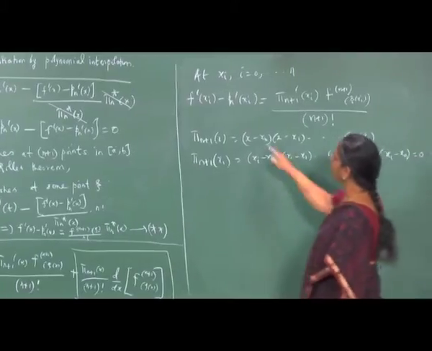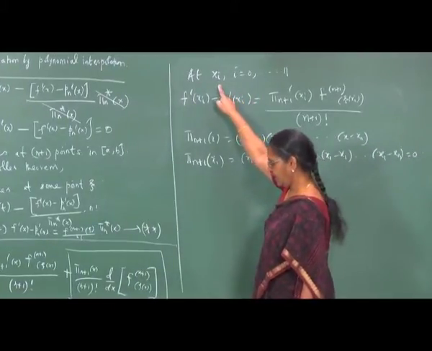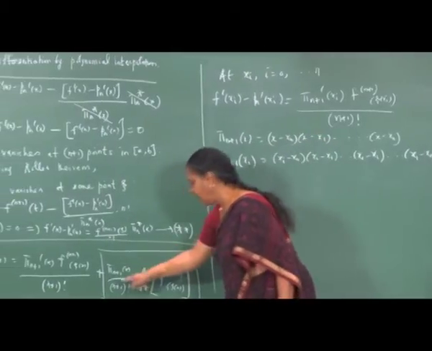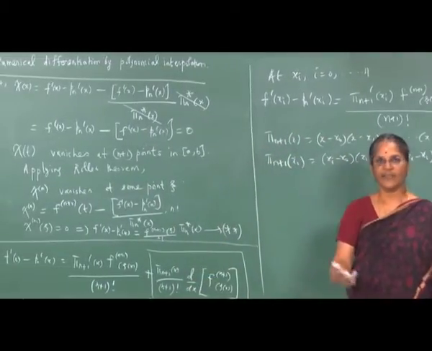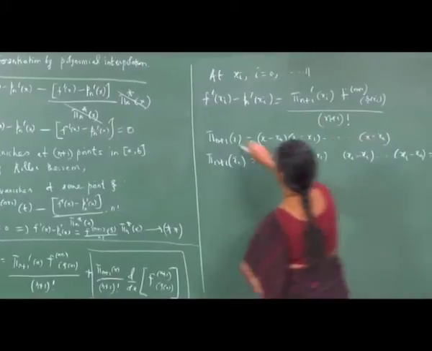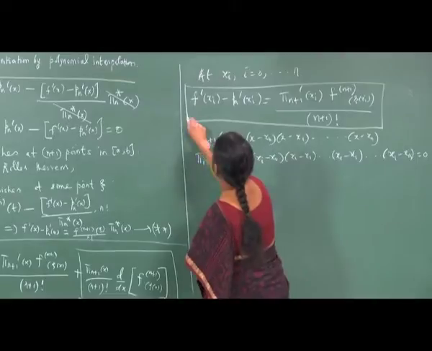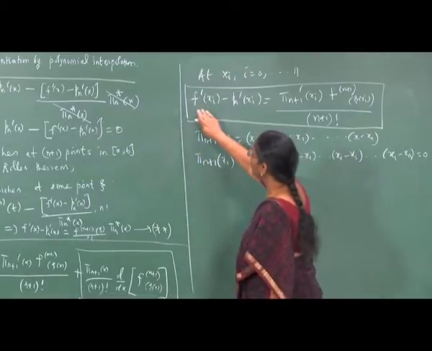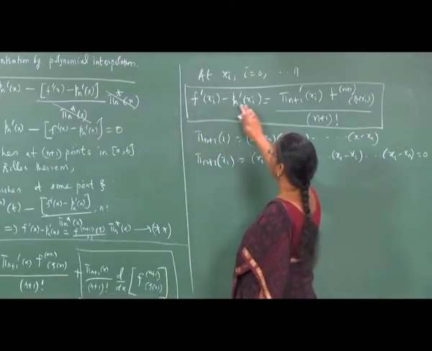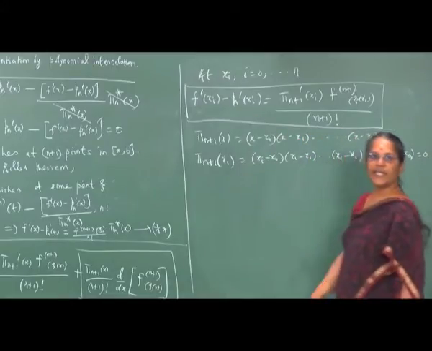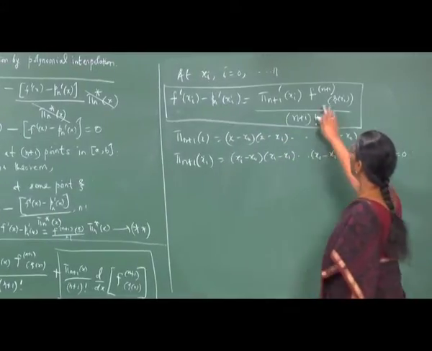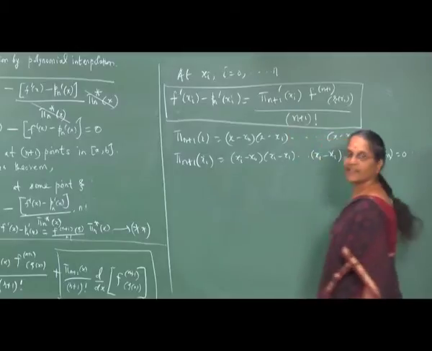And therefore, at the nodes xi, the second term vanishes, and therefore we have an estimate of the error in approximation of the derivative f dashed by the derivative of the Lagrange interpolation polynomial as given by the right hand side.